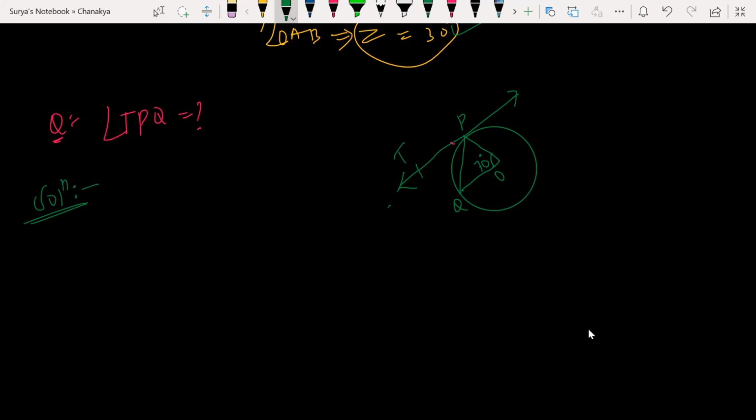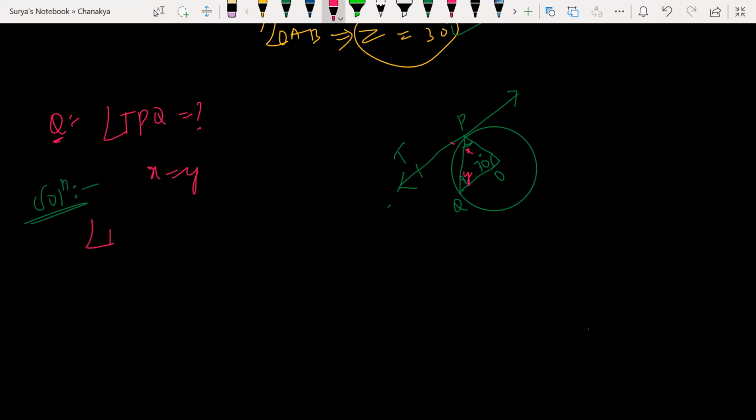What is the answer? This one will be equal to this one. Yes or no? Let's say this is my x, this is my y. So here x is equal to y. Why? If I draw a tangent here, that y angle and x angle will be equal.